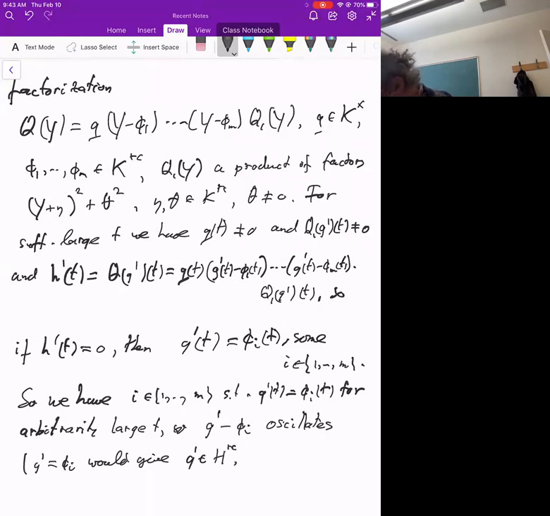But then F would have to be empty, would give h in, sorry, not in K RC, give h in the real closure.